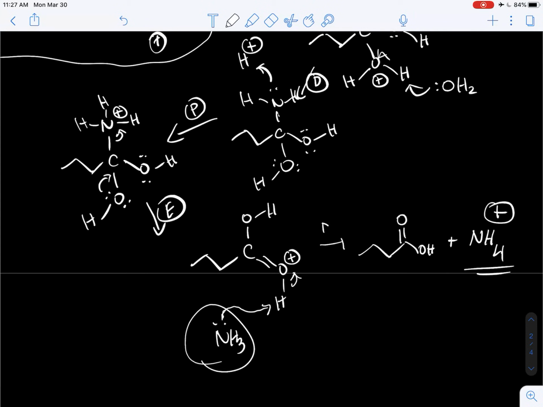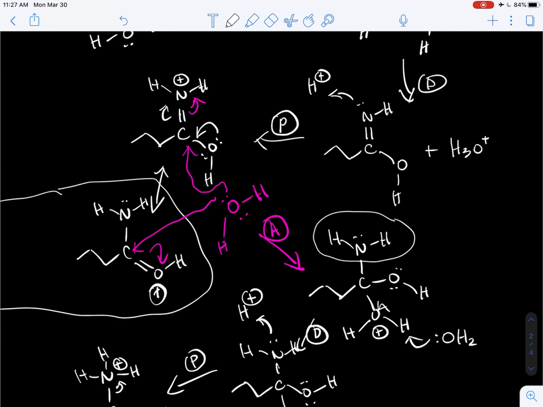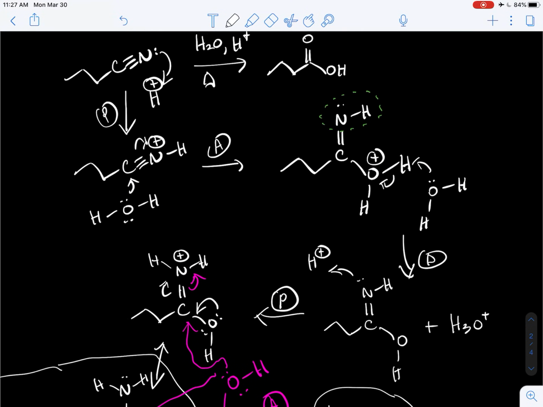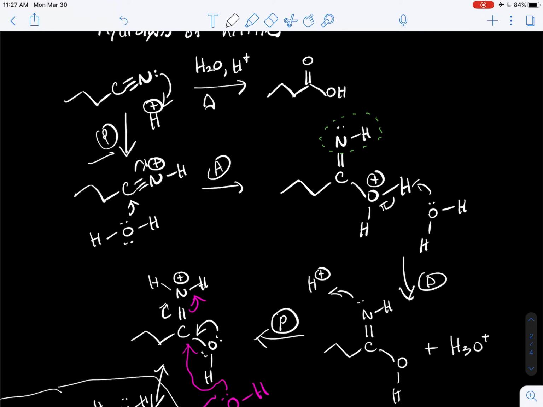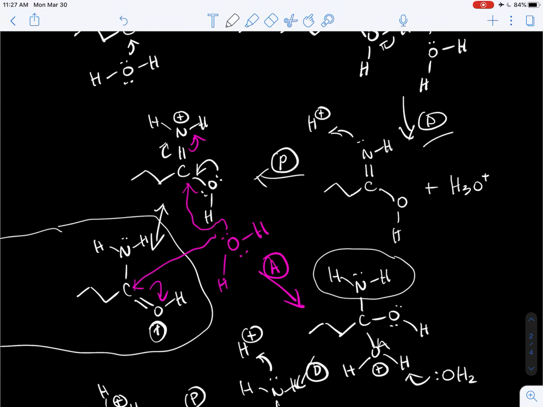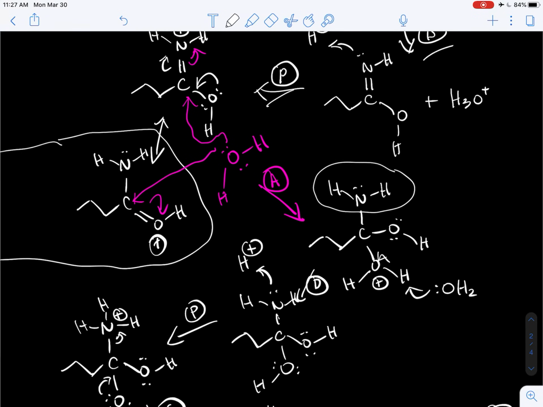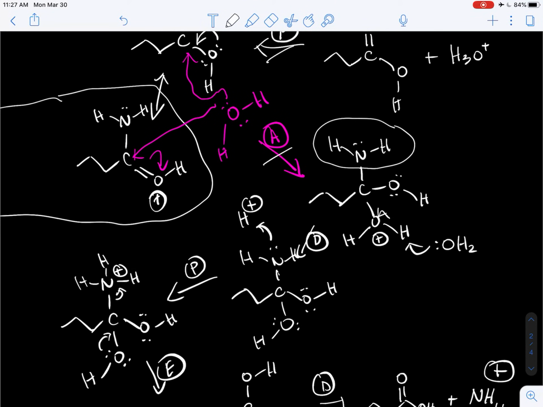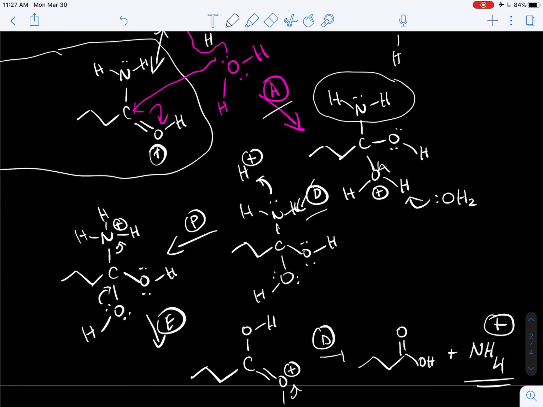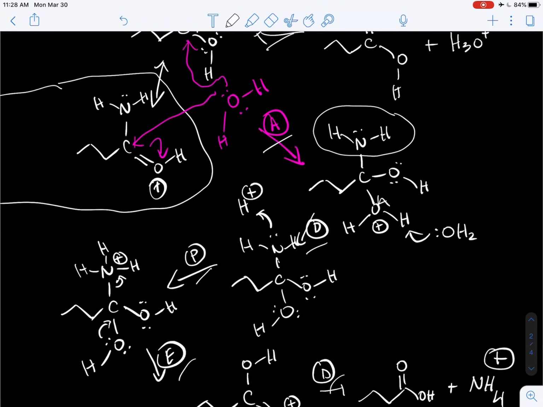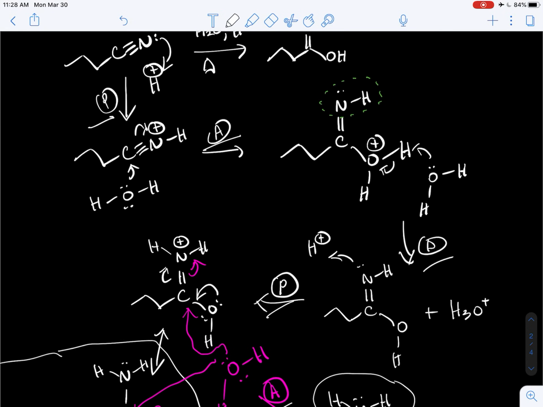So let's look at what has occurred here. We have protonation, then attack, then deprotonation, then protonation, attack, deprotonation, and then protonation, then eliminate, then deprotonation. This is one of the longer mechanisms.